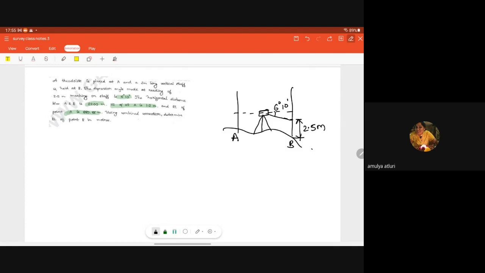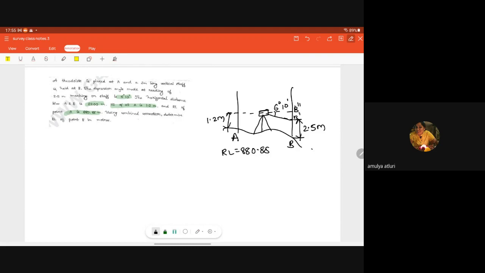This is B dash and this is B double dash. It is given that the height of instrument at A is 1.2 meters and the reduced level here is 880.88 meters.